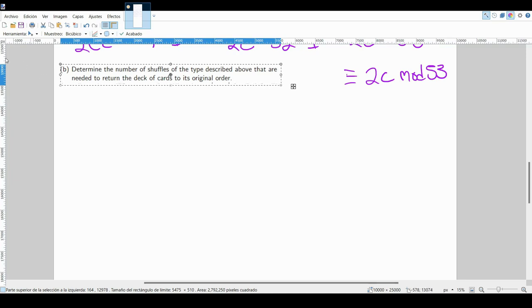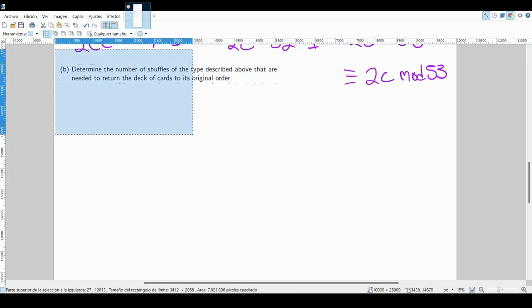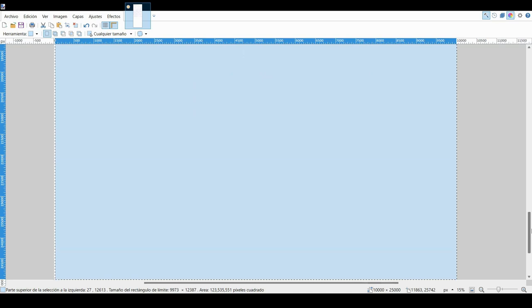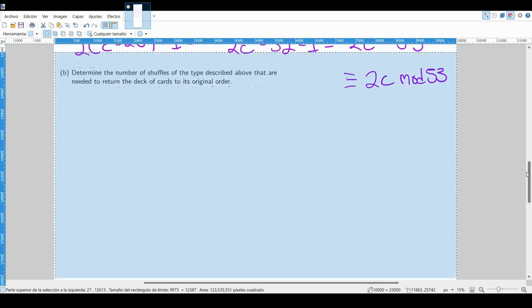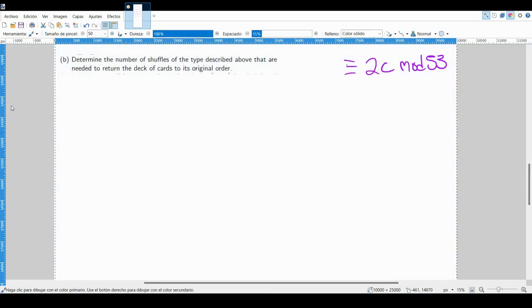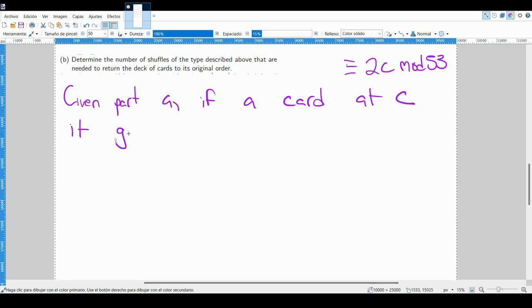Now I have pasted part B again here, and we are going to be dependent on part A to solve it. We can note that given part A, if a card starts at C, it goes to 2C mod 53.